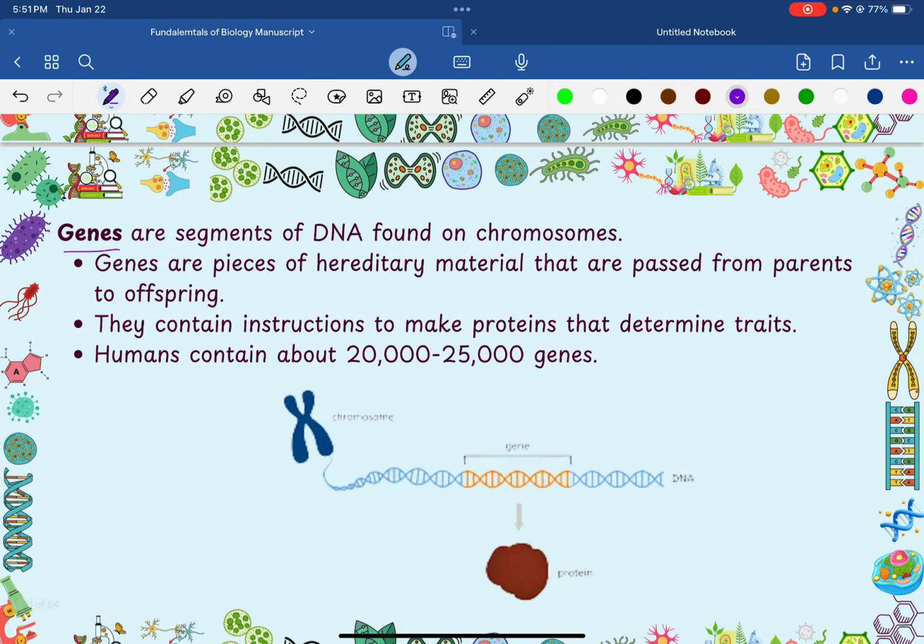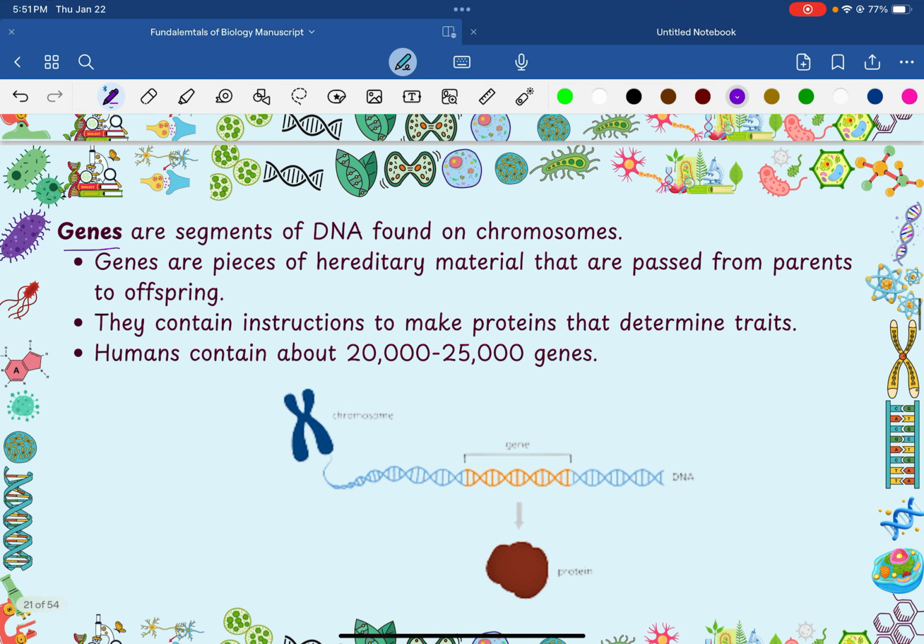So what are genes? Genes are segments of DNA found on chromosomes. For example, if this is the chromosome, if you open up this chromosome, you find these DNA strands coiled together. When you open up the DNA, you can find a gene.